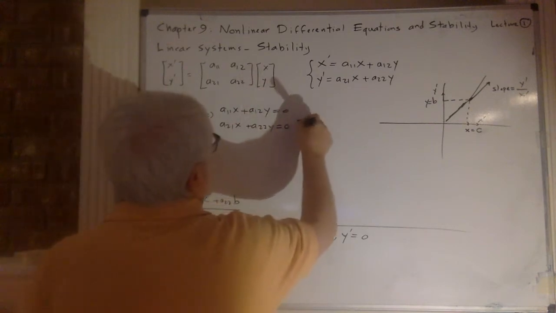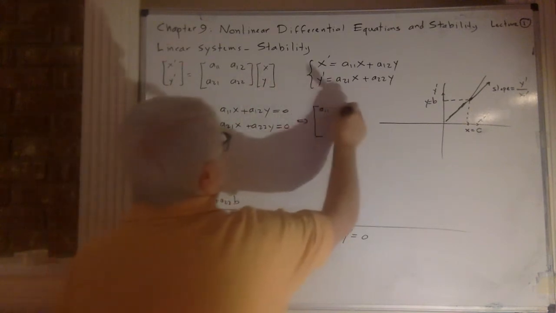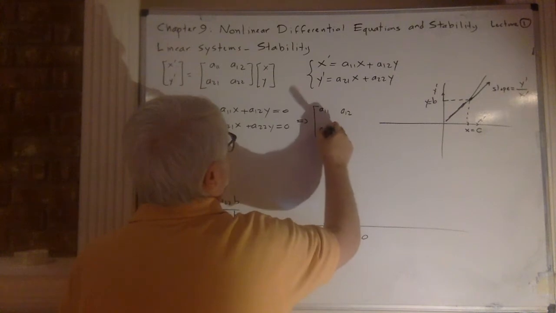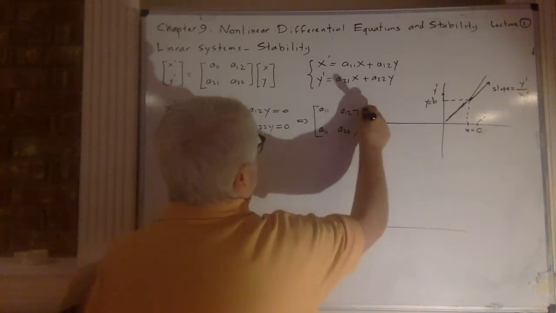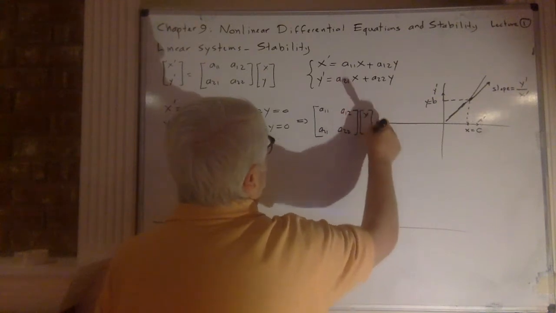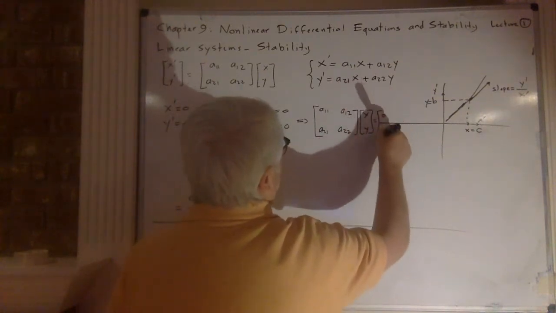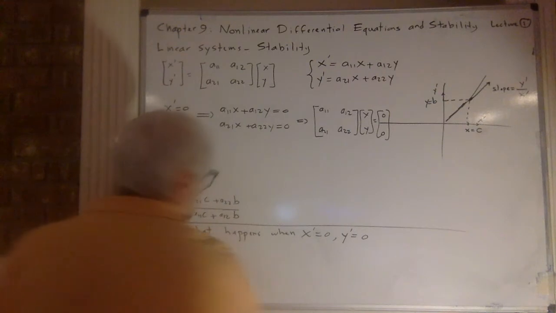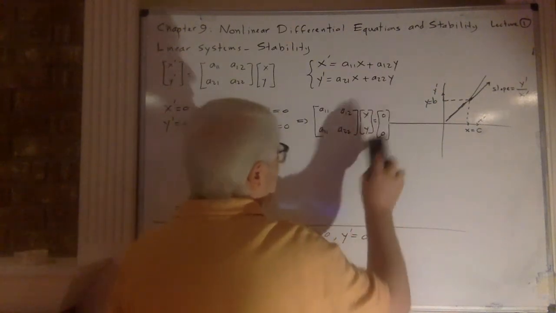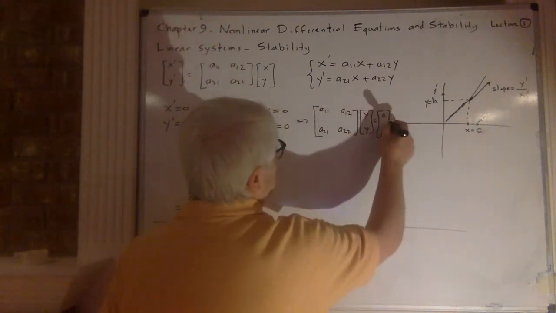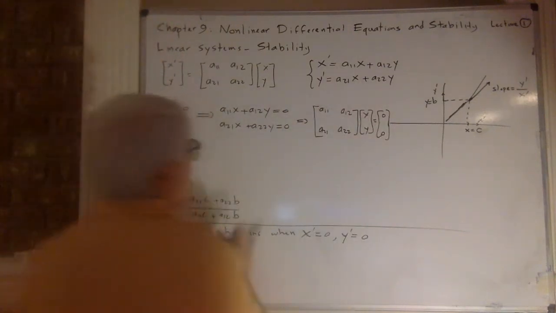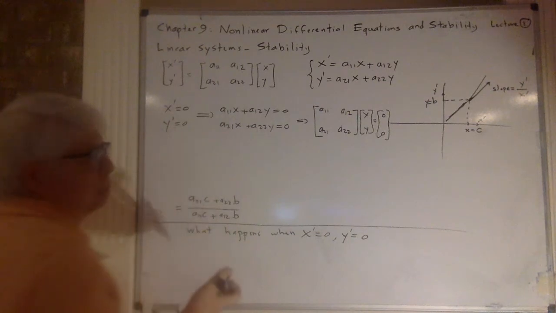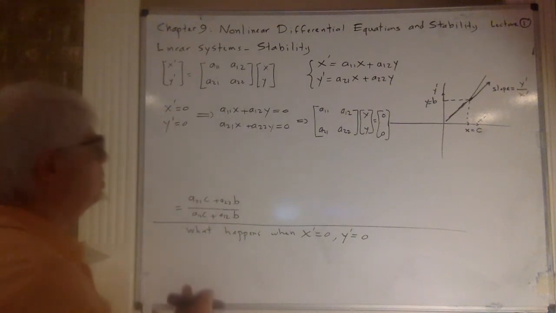So this is in fact this matrix, a11, a12, a21, a22, times xy, and that is 0, 0. Now, I'm assuming that this matrix is not singular, so its determinant is not 0. If this matrix is singular, its determinant is 0, then the second equation is the same as the first equation. So let's assume that they are not the same.